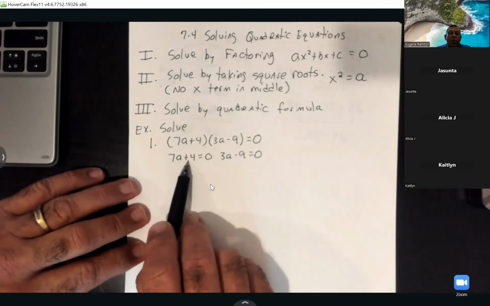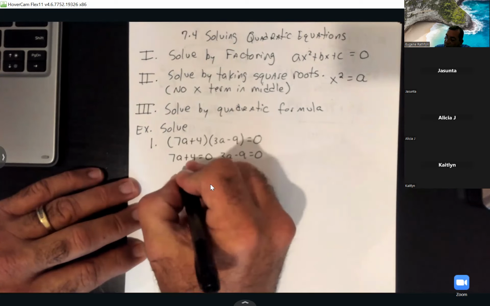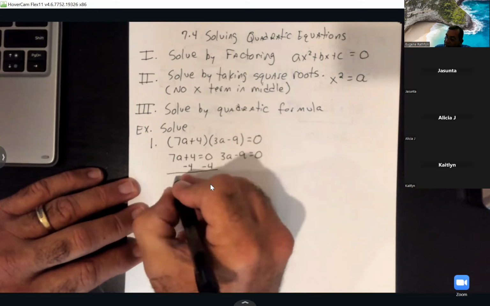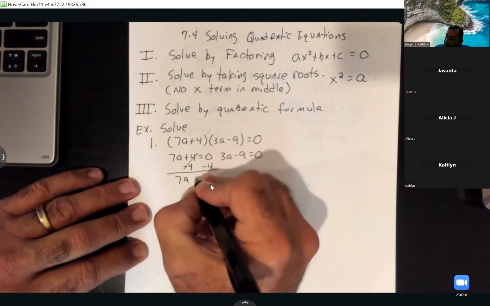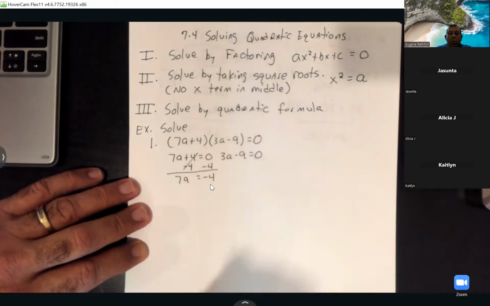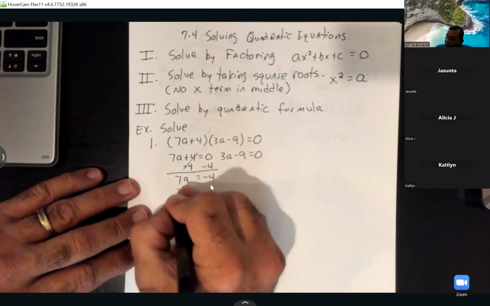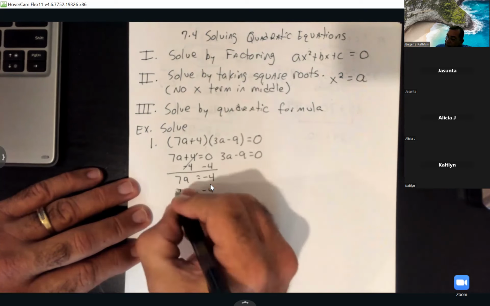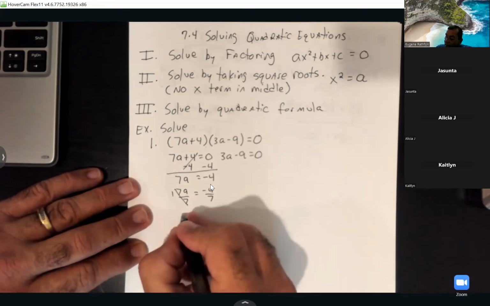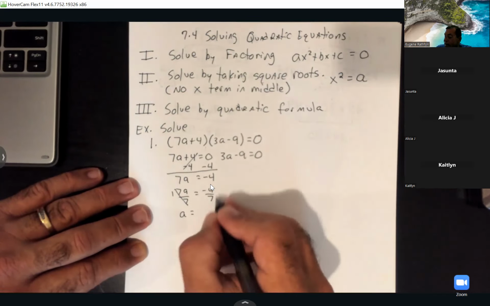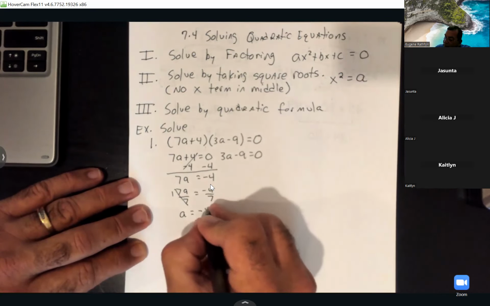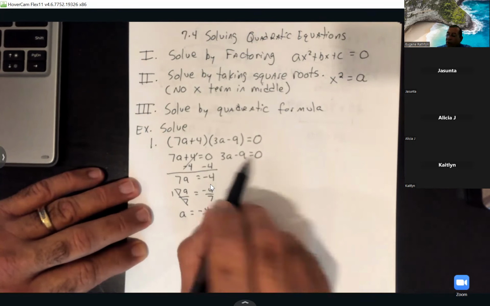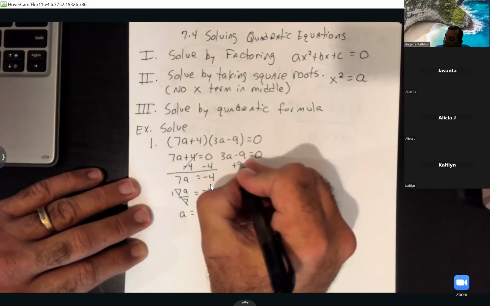So let's see, on this one, we're going to subtract 4 first. So I get my 7a, those cancel, equal to -4, and then divide by the 7. So that cancels, giving me a 1a, and then that cannot do nothing to that, so that's going to stay a -4/7. Now my next one, since that's subtraction, I'm going to add 9 to both sides.